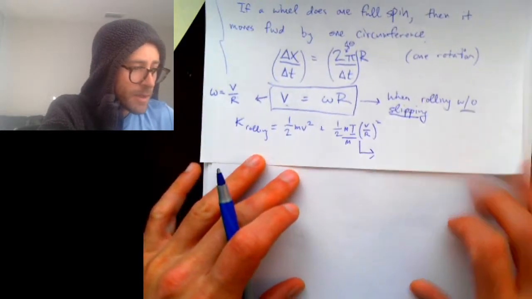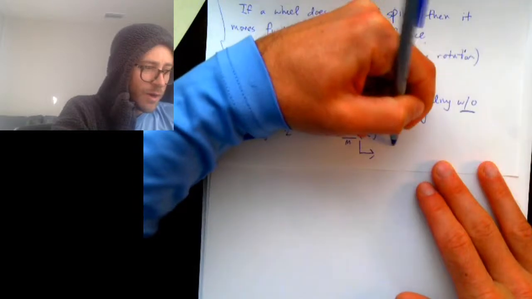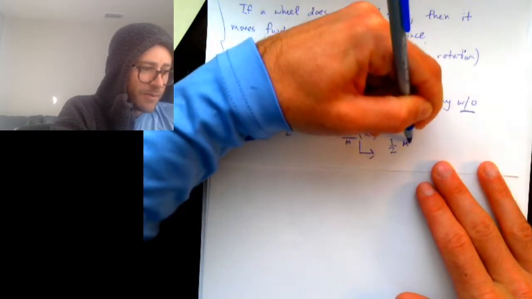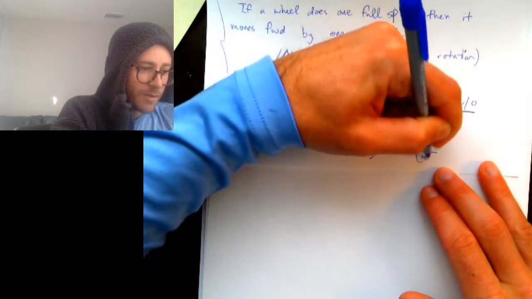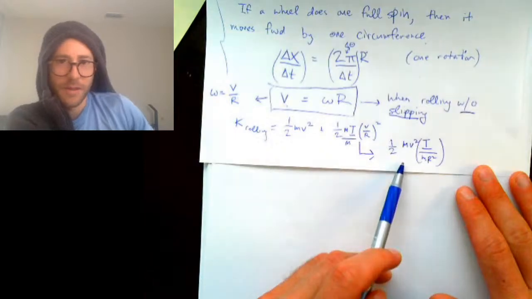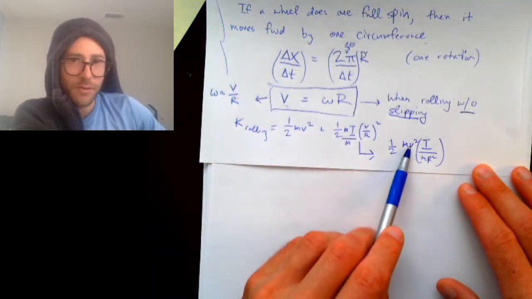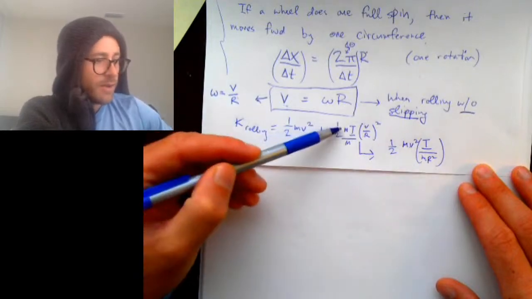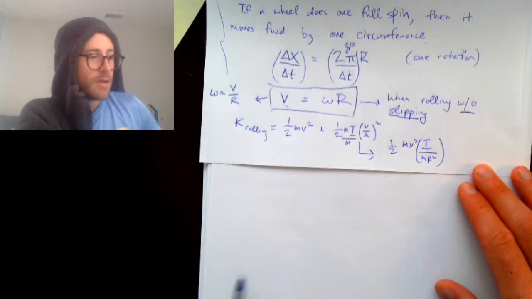All right? So I can write it as 1/2 mv squared times I over mr squared. So that's just that second term. So see how I have v squared over r squared, v squared over r squared, and I have m over m, m over m. All right?